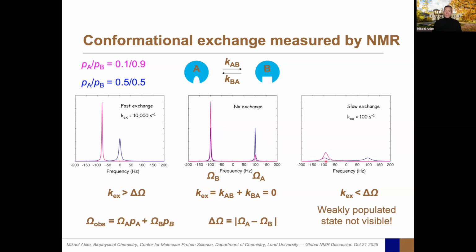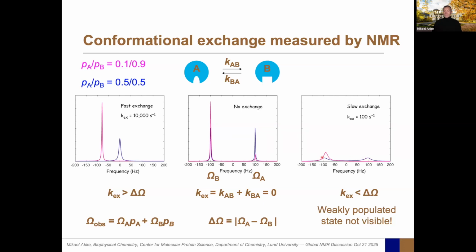Now, if you have slow exchange, so that the exchange rate is slower than the chemical shift difference, and what we've simulated here is an exchange rate of 100 per second, then what you would see is two broad lines of equal height in the case of the 50-50 population. But in the case of a skewed population, you can see here in this representation that the minor state, the one that is only 10%, may actually not be visible at all in the spectrum.